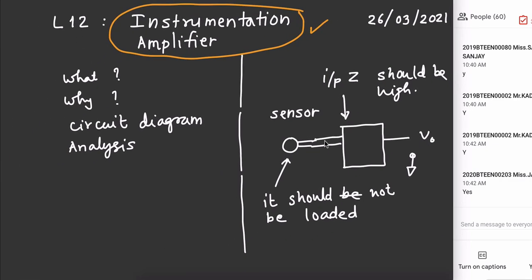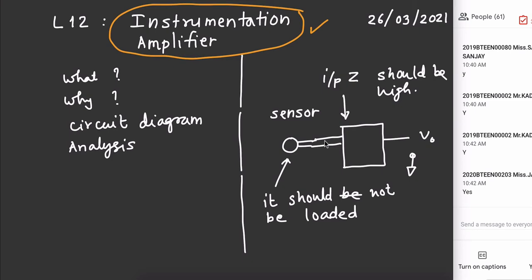Everybody understood what it is? An instrumentation amplifier is an amplifier which allows us to connect a sensor and process its signal to get some higher level of voltage, which can later be given to any other circuit. Hope you understood this.